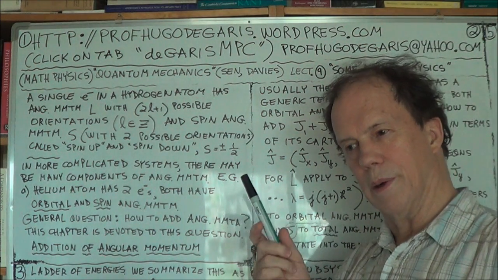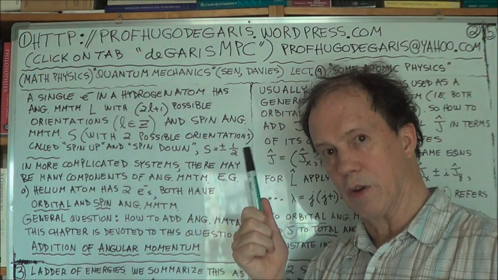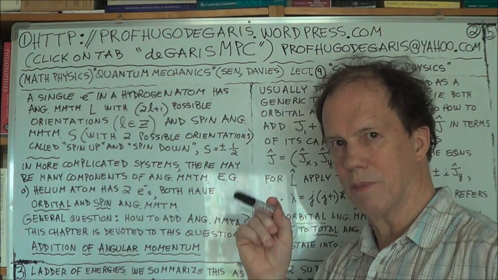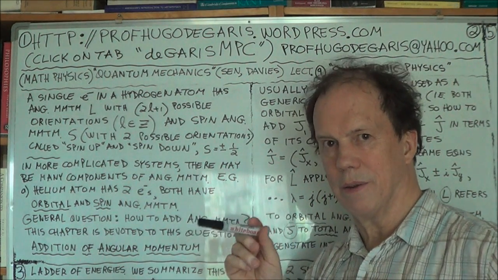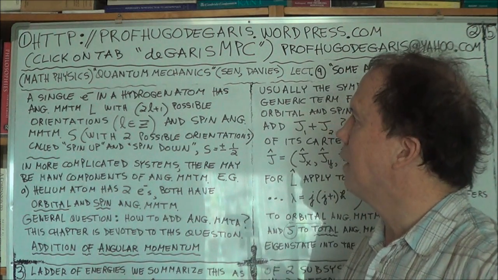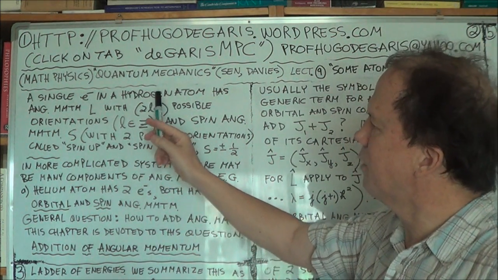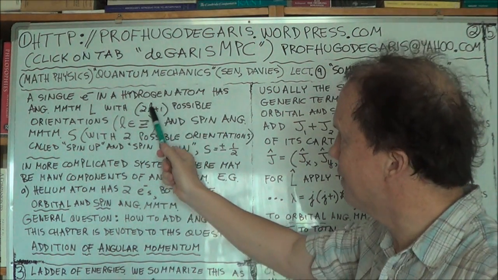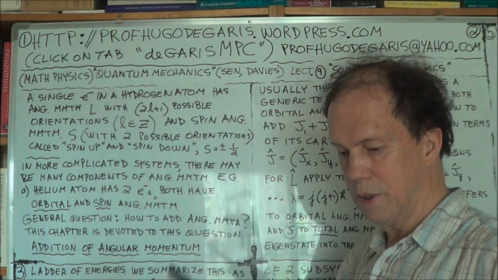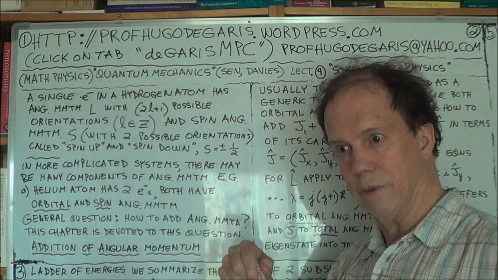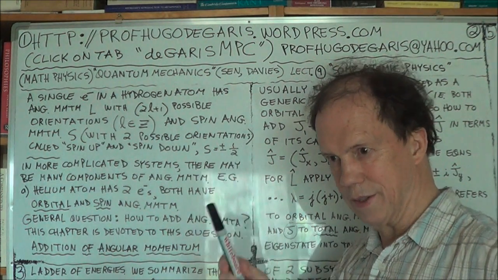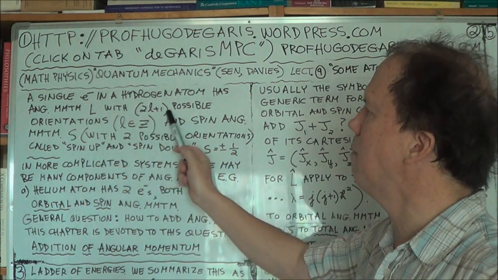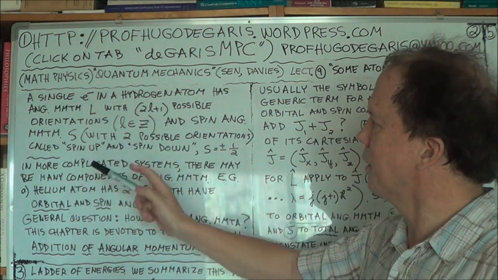The projections, the components of that angular momentum along the z-axis, we call m, and its allowed quantized eigenvalues are such that, whatever the angular momentum little l is, there'll be 2l plus one possible components along the z-axis, which we usually just call little m. So m can take 2l plus one possible values.